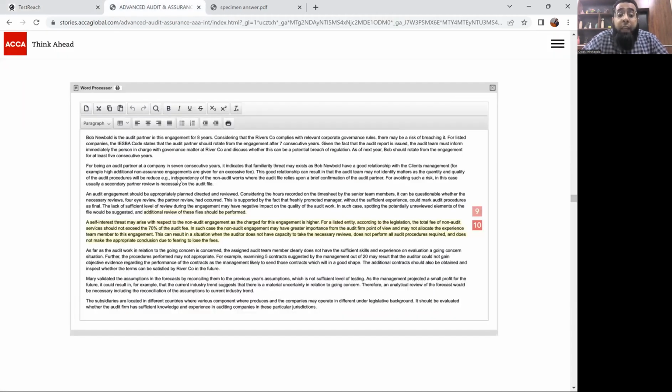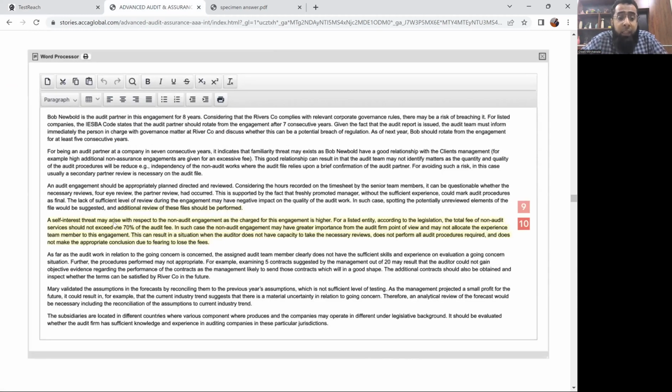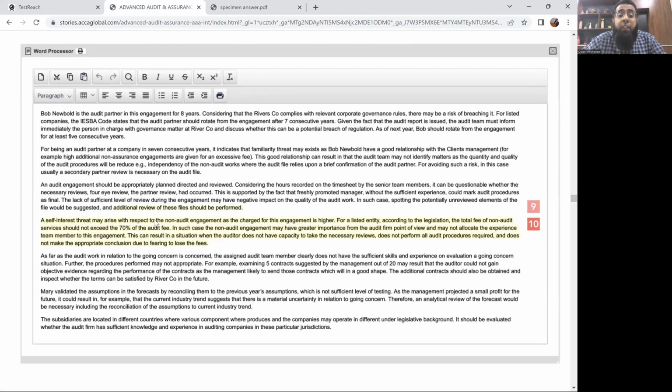Now let's see how candidate one drafted the point. Okay. A self-interest threat may arise with respect to the non-audit engagement as the charge for the engagement is higher. For a listed entity, according to the legislation, the total fees of non-audit service should not exceed 70% of the audit fees, because otherwise it will create an impact of dependency.